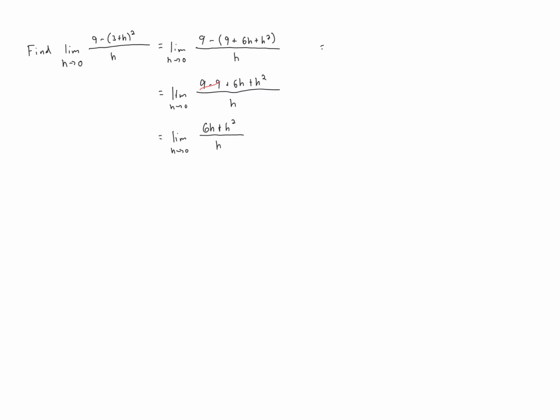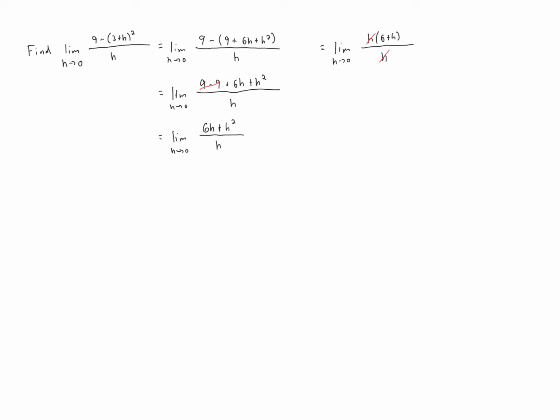I'm going to move over to the right here just so we've got room for another problem below. So this is the limit as h approaches 0 of h times 6 plus h, all over h. And then we can go ahead and cancel out those h's.